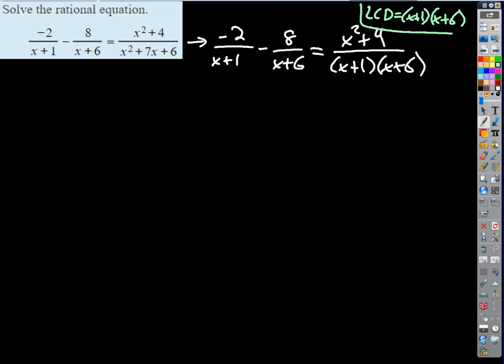So then all we've got to do is distribute that through both sides. Right? So what happens if I distribute that through both sides of my equation?